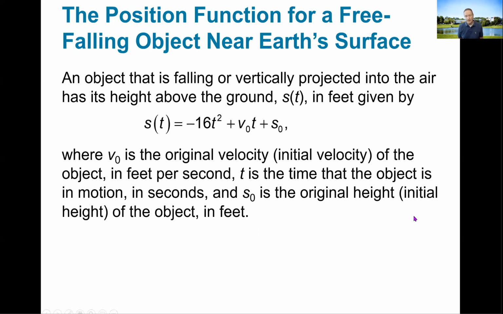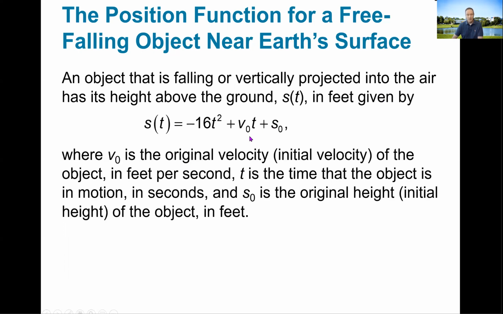Now, let's look at a polynomial application where we have a polynomial inequality application. It says, an object that is falling or vertically projected into the air has a height above the ground, and I'm just giving you a vertical position function here. S of t is equal to -16t squared plus v sub 0 times t plus the original position s sub 0.